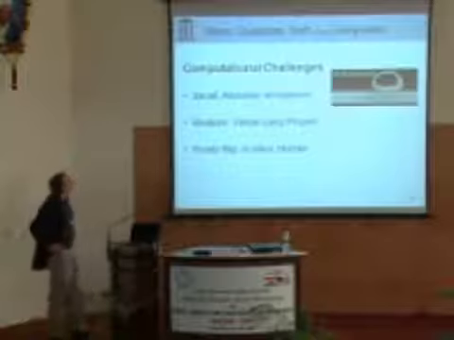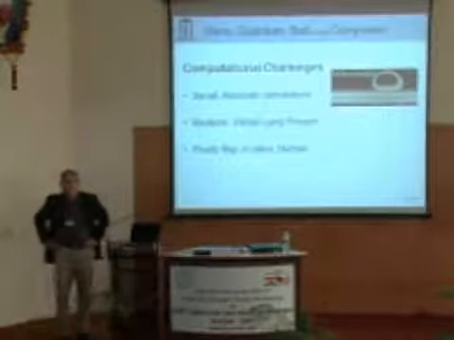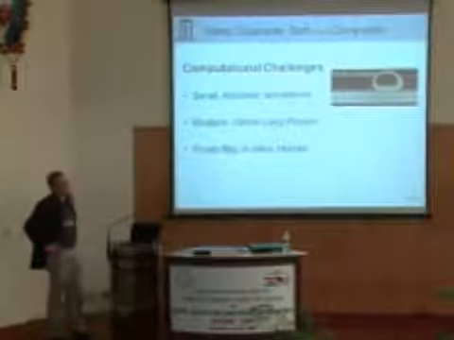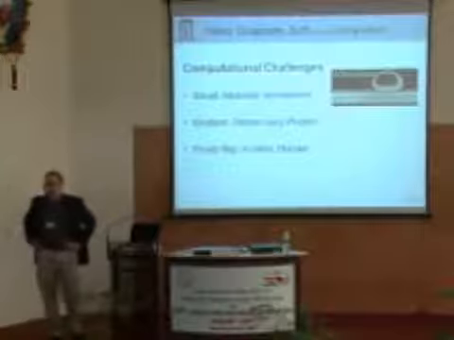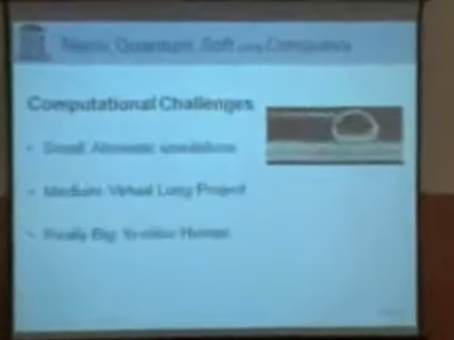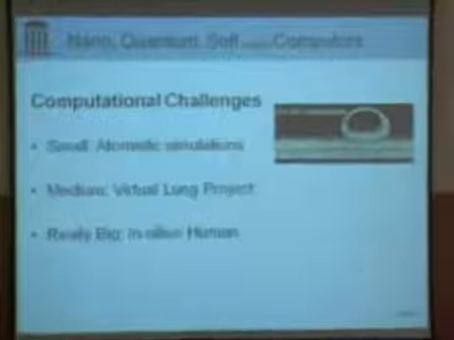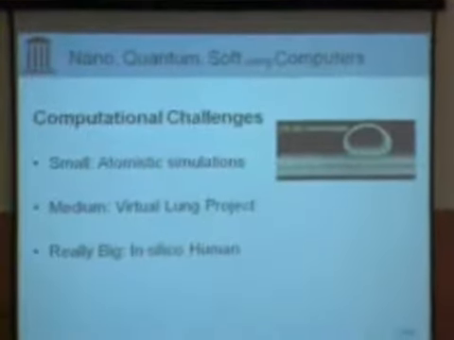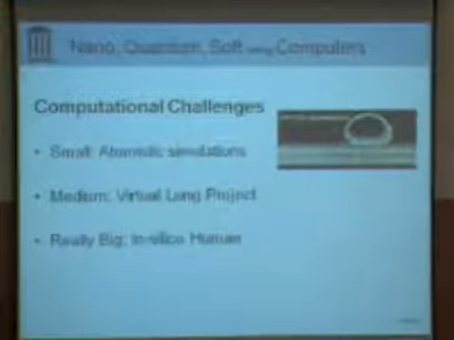The first one might be considered a small challenge. To somebody who does atomistic simulations, there's no small challenge in doing atomistic simulations. And in fact, they're often called grand challenges. But the idea of looking at a dynamical system that has tens of thousands, millions of atoms is a problem that is in some ways well specified at this time.